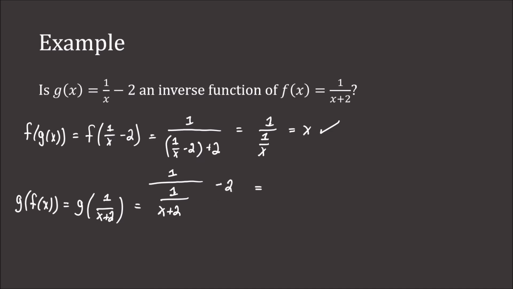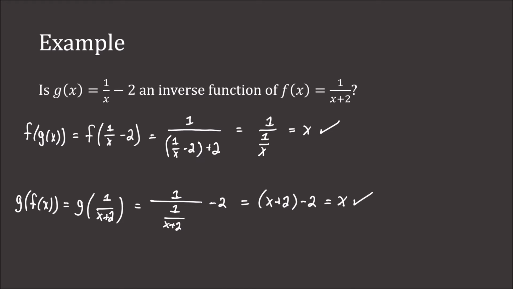So this gives, I'm going to rewrite that then. So it's 1 over (x plus 2) minus 2. So we get x plus 2 minus 2, which is just x. So that condition is also satisfied. We can therefore say that g of x is an inverse of f, and write g of x equals f inverse of x.